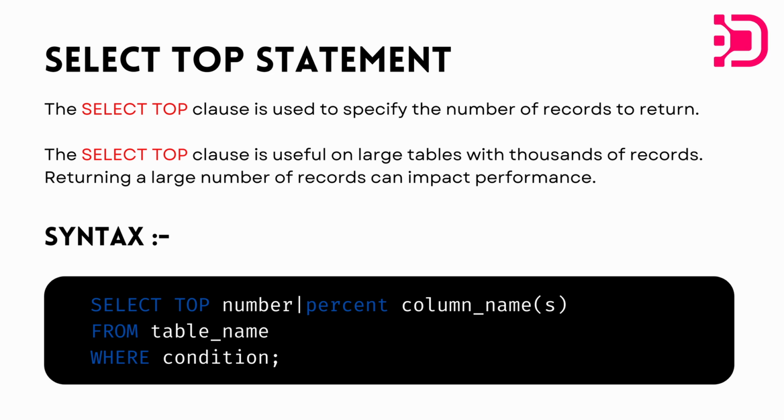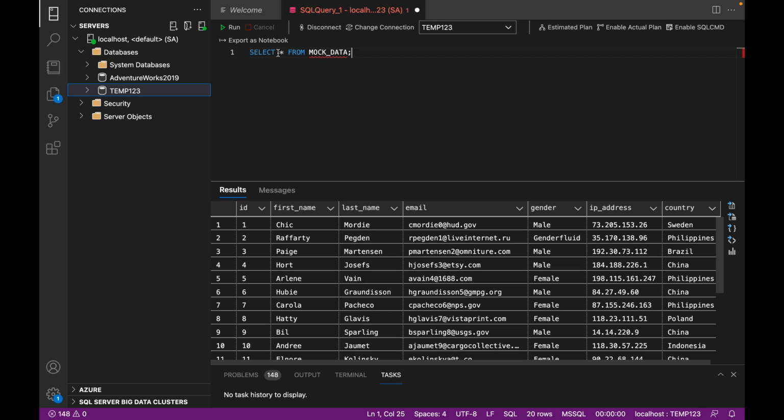When we look at the syntax, we can see that it's select top number or percent, and then the column name or names from table name. And if you want, you can use a where condition, order by condition, etc. In its most basic form, suppose we wanted to return the top 5 rows of this table.